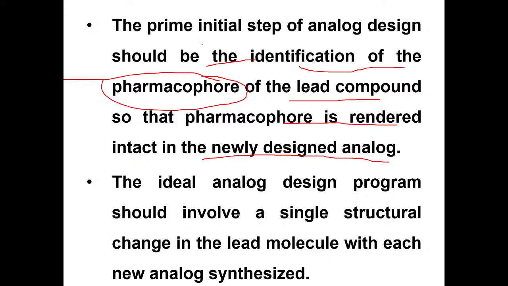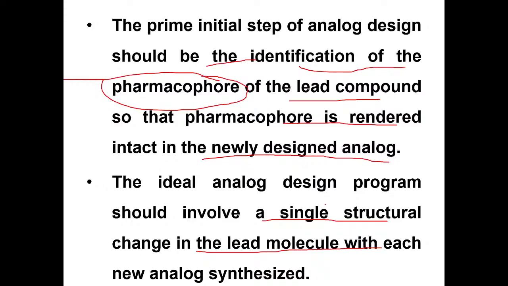Okay, so the ideal analog design program should involve a single structural change in the lead molecule with each new analog synthesized. You should not carry out multiple structural changes.